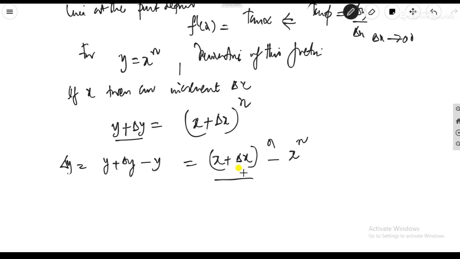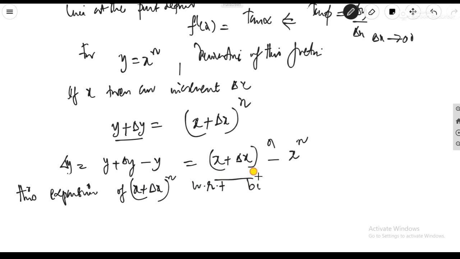So this term we have to expand. For expanding this term, we use the binomial theorem. According to the binomial theorem, this is equal to x power n as the first term. Next, n by factorial 1 into x power n minus 1 into delta x whole power 1.